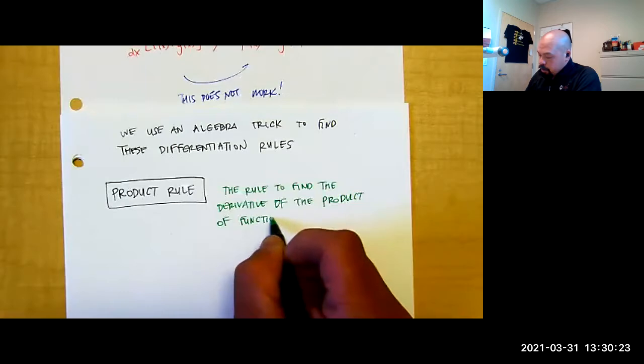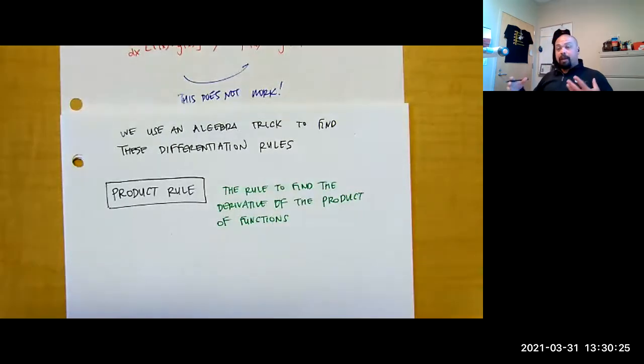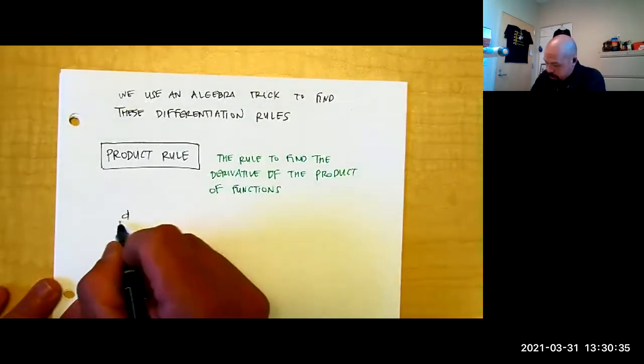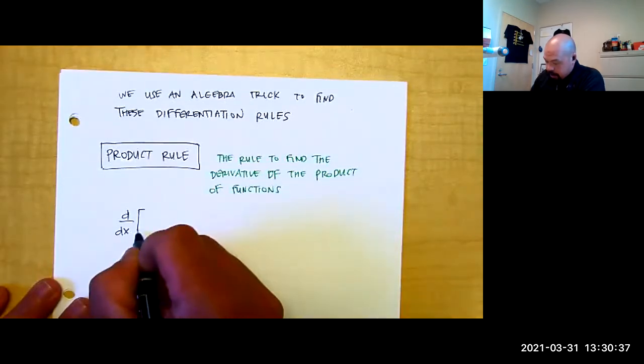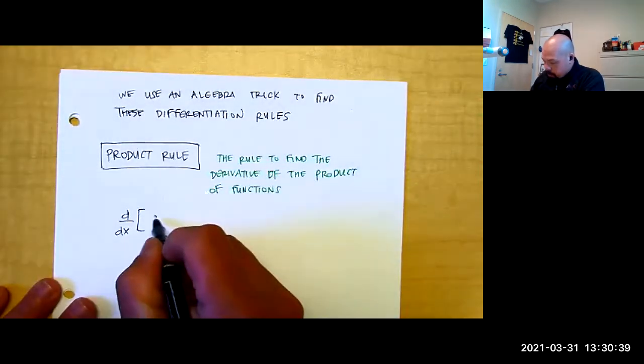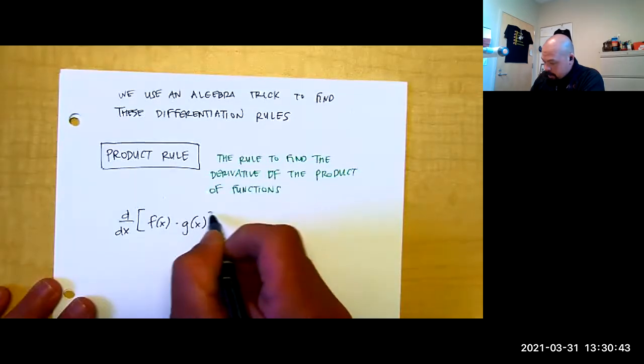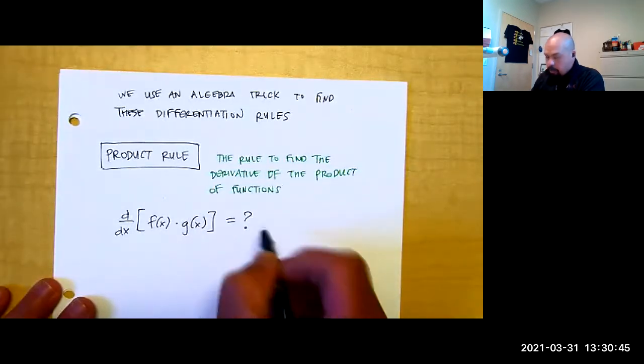All right, the product of two functions, or later on we can extend it to 2, 3, 4 functions that are multiplying together. We can formulate a pattern. Okay, and so what we're looking for, the derivative d dx of the product of two functions, what is that going to look like?